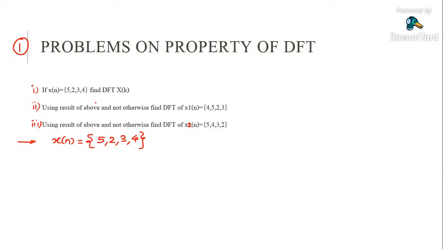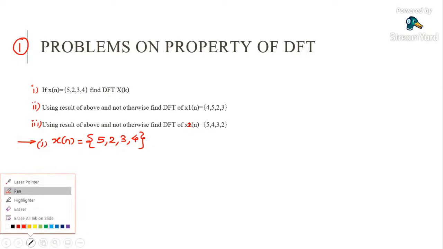It is compulsory to use the result of the first one and the properties. It is said, using the result of above and not otherwise, find the DFT of x1 of n equal to 4, 5, 2, 3. So you must use the result of above in the second and third parts. You can't use the matrix for finding the DFT. So we'll begin with the first, where x of n is given.